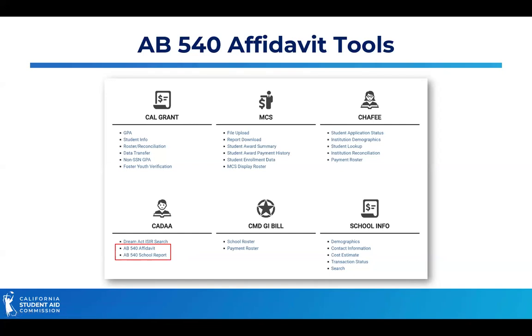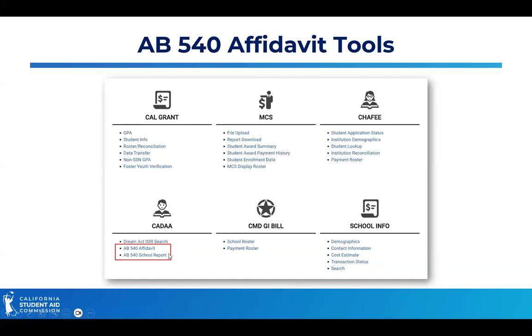So if you haven't yet looked at the application or navigated through it, I'd encourage you to do so because you can actually see that as a student finishes all of their sections and the parent sections are completed, then the very last section is for the student to electronically submit their affidavit.